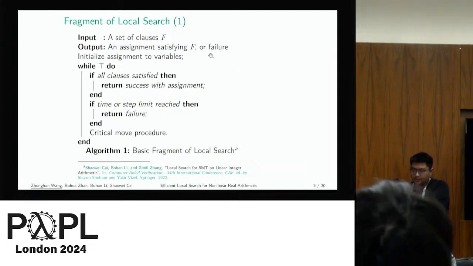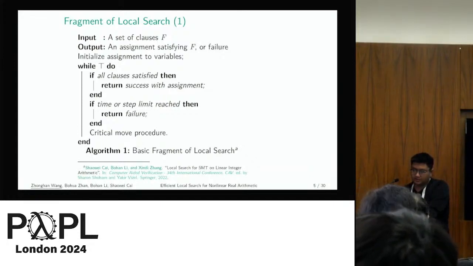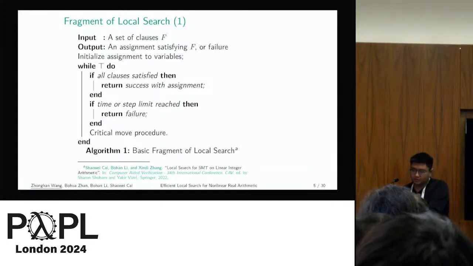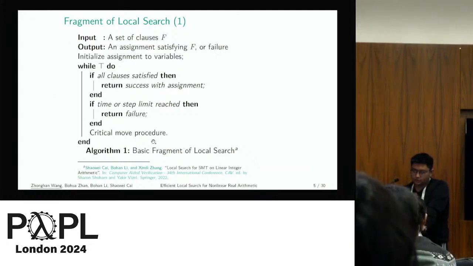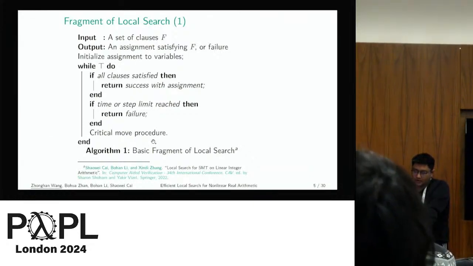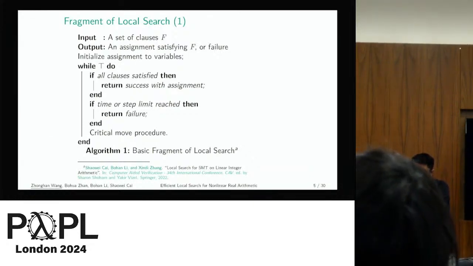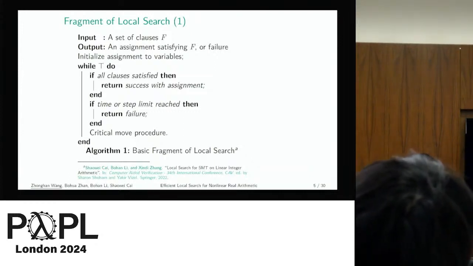Otherwise, we choose some random values, actually some integers, and we don't use irrational values for them. In a while loop, we do the critical move procedure to try to decrease the number of unsat clauses, and sometimes the number of unsat clauses stays the same.